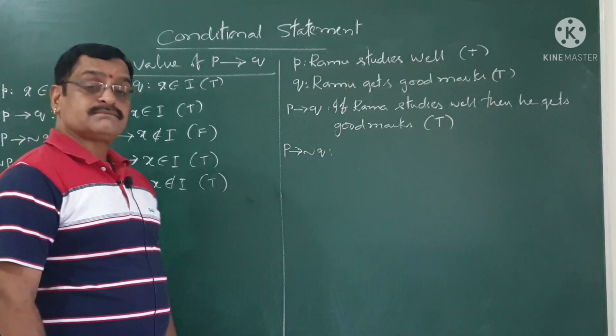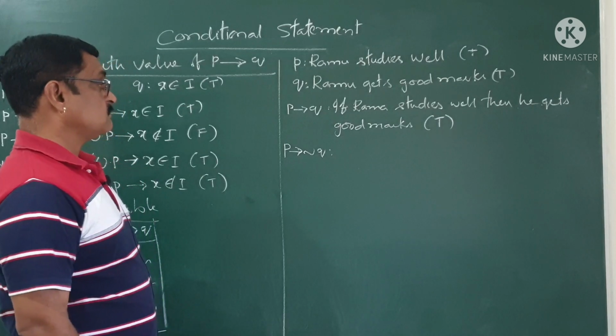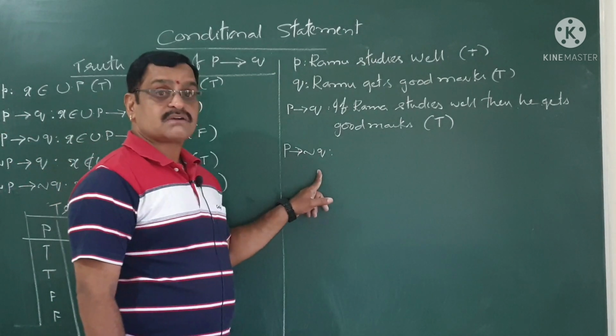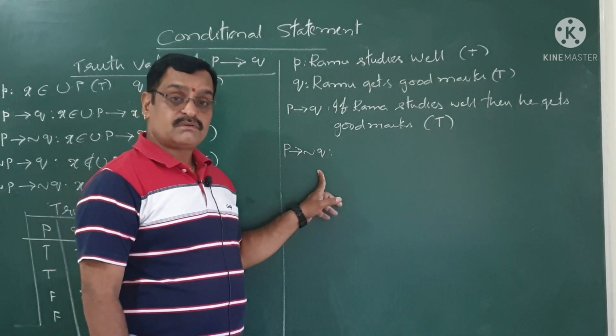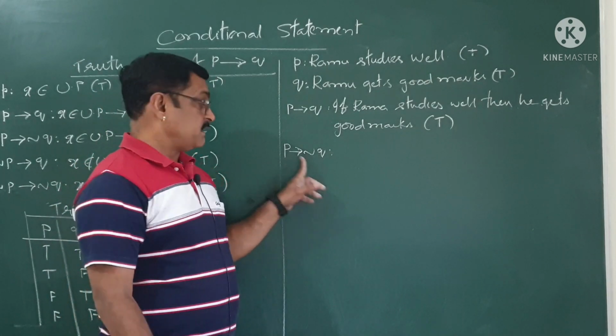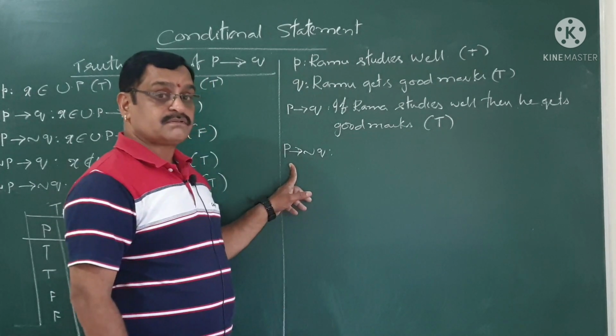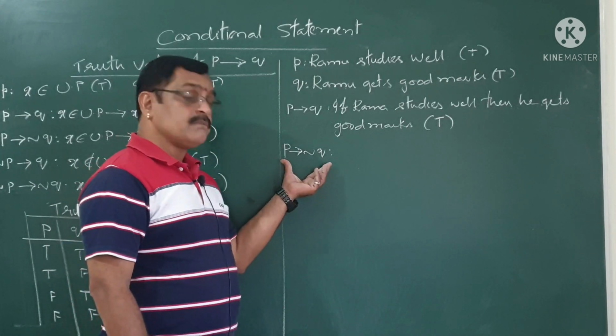Next one, I go for P implies negation of Q. Rama studies well, but he doesn't get good marks. Is it acceptable? No one accepts it. If he studies well, it's obvious that he will get good marks. That means this statement will be false.